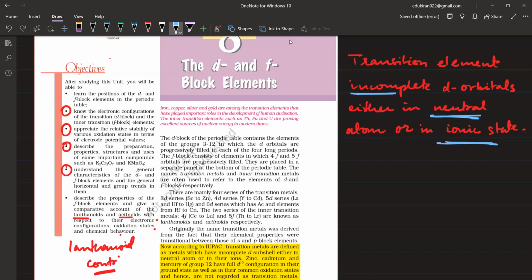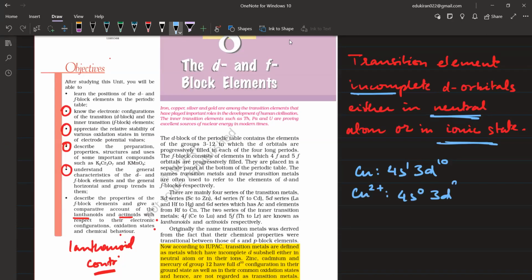अगर न्यूट्रल में आपके पास incomplete d orbitals नहीं है, for example copper, if you look at copper, 4s1 3d10, so this is having completely filled d orbitals. But copper 2 plus has 4s0 and 3d9.